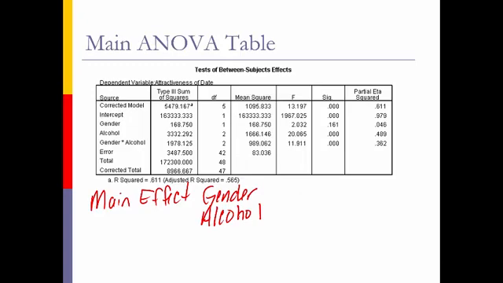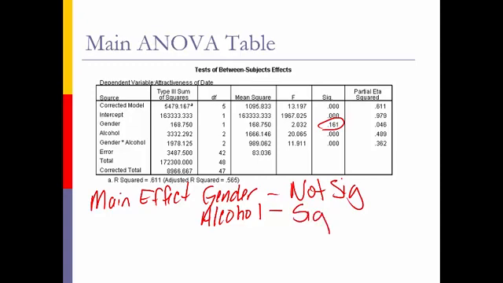All right, the main effect of gender is not significant. So gender did not have an impact all by itself. So this says when you ignore the alcohol level, the gender of the participant did not influence the attractiveness of the date selected. All other things being equal, males and females selected equally attractive dates.